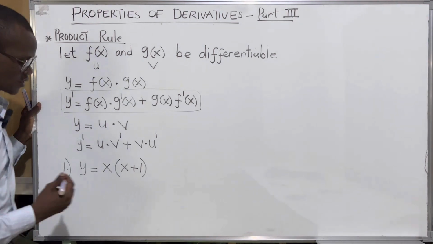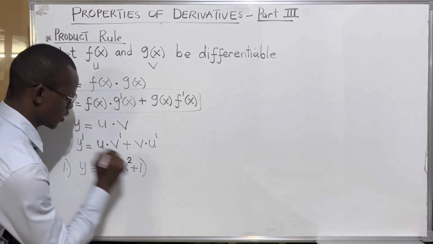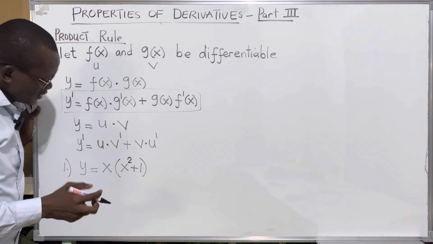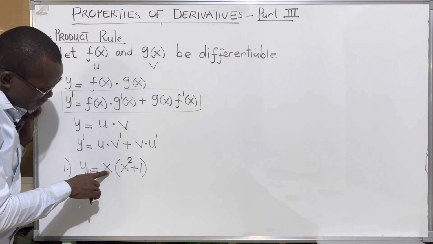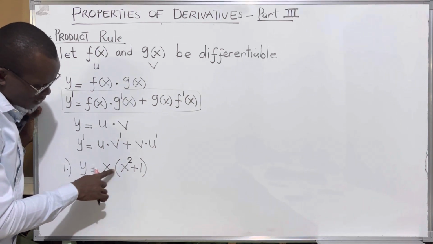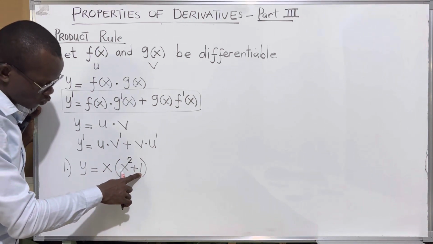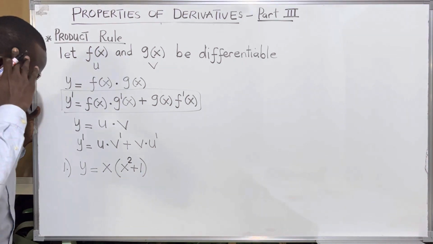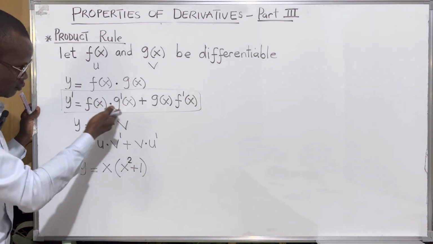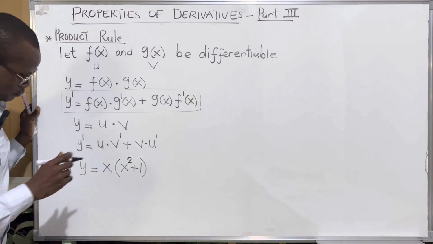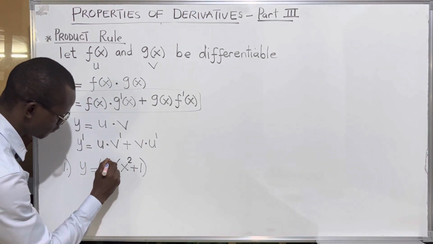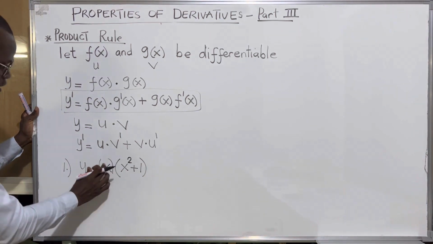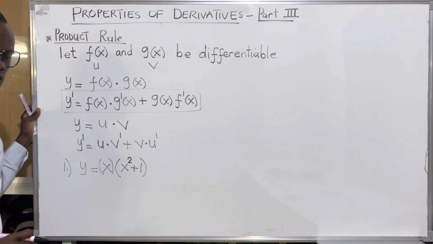Now, somebody may say, why can't I just multiply x times x squared, then x times 1, so that I cannot give myself a headache with the product rule? Because in this problem, you see one factor and another factor, so this is in a product form.